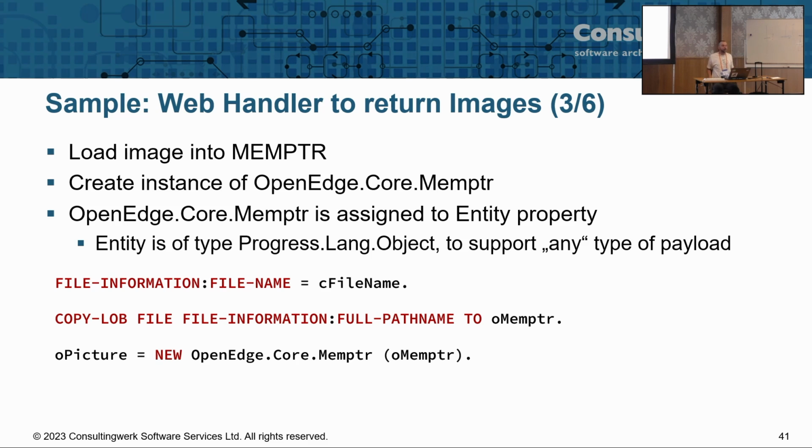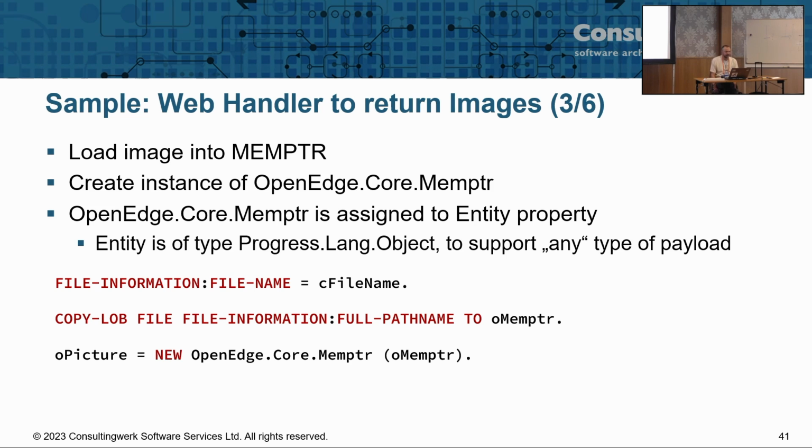Right, so if you want to do something binary in progress, then you need to load it into a mem pointer. And nowadays we have classes around the mem pointer which decorate the mem pointer a bit with some extra methods and options.